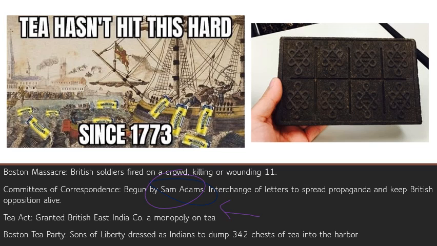Now, the Tea Act is going to grant a company called the British East India Company a monopoly on tea, meaning that we can only get tea from the British East India Company.